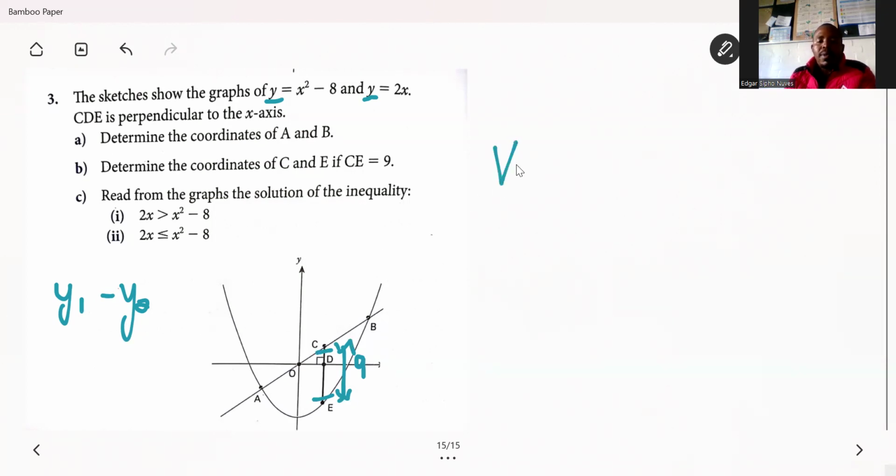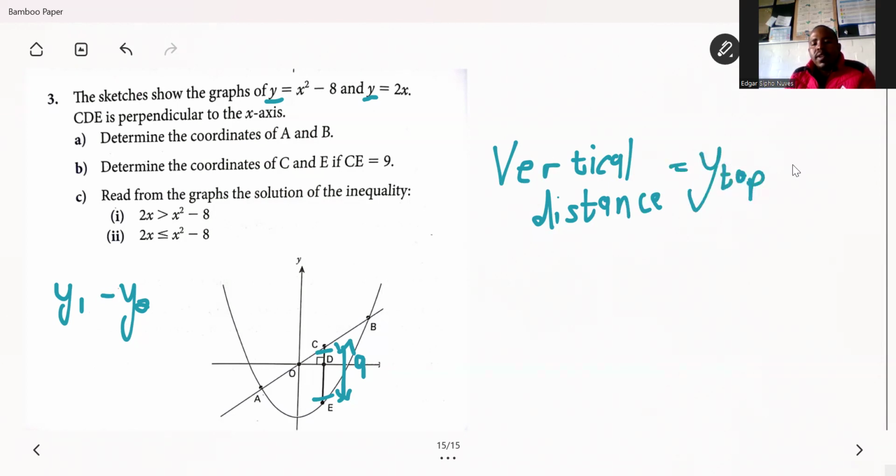So I'm going to give you the rule: the vertical distance is always Y top, which is the top function, minus Y bottom, which is the bottom function. The top function is higher than the lower function.